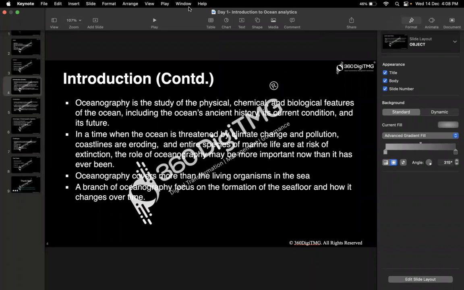So the traditional measurement methodologies currently used in chemical oceanography are such as chromatography, if I'm not wrong, and high performance liquid chromatography.